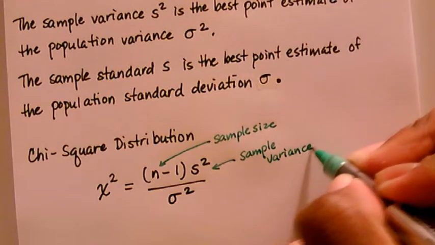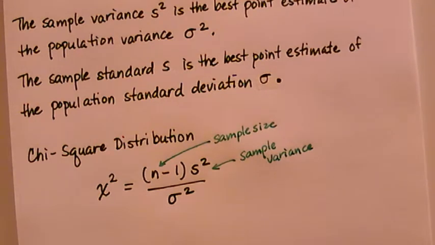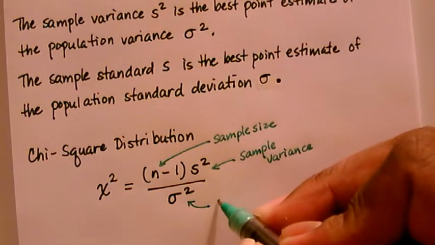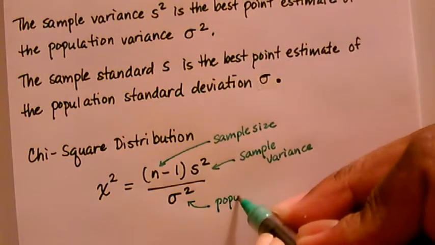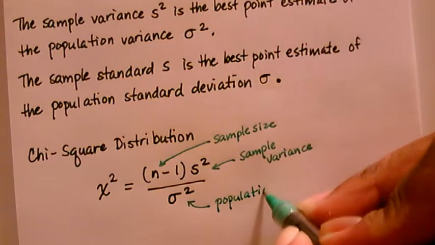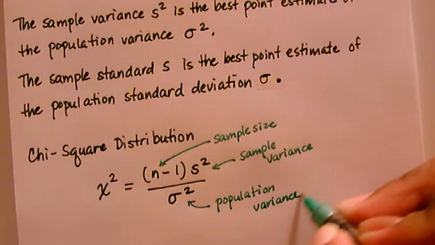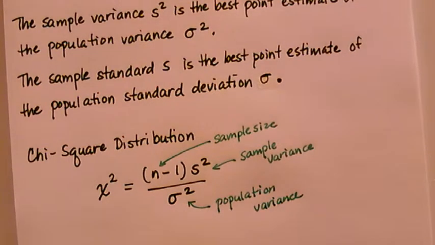Now if you're given the sample standard deviation, you take your sample standard deviation and square it. And then sigma squared is the population variance. Now if you're given the population standard deviation, you'll take that population standard deviation and just square it.